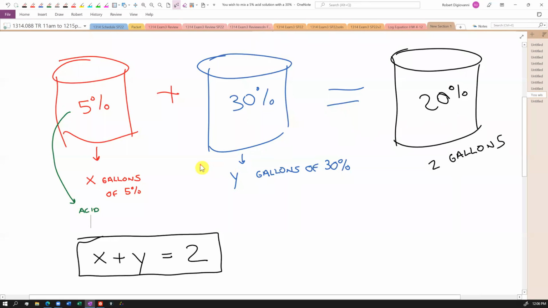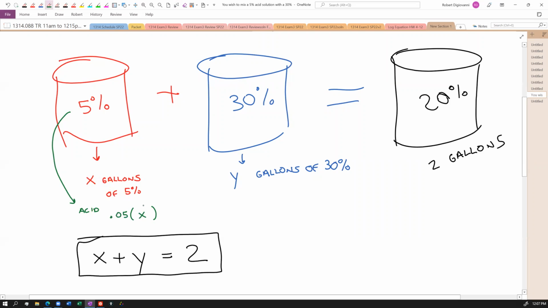Well, we kind of have that, right? Do we know the percentage of this one? Yes. Do we know how many gallons? No, but we could call it X, couldn't we? So what would be the computation to figure out the amount of acid there? Take the percentage, 0.05, and multiply it by the number of gallons over here, which is X, which I don't know.